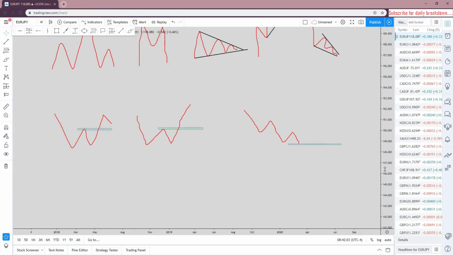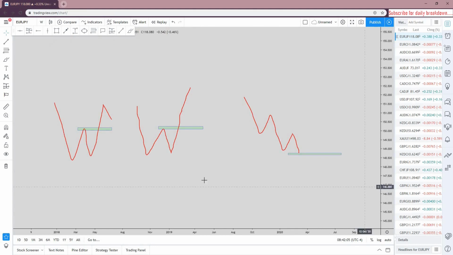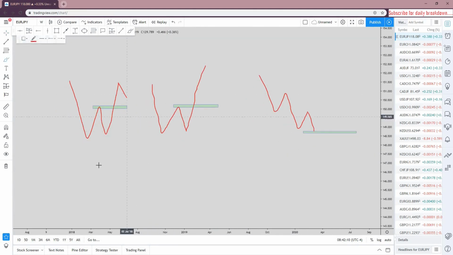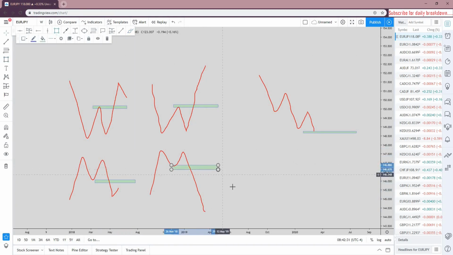Now let's continue with M formations. Now M formations is exactly the same concept, but it's all reversed. I will go through it very quickly. Here a regular W formation, this will be a regular M formation, and you're expecting again a push to the neckline from this area. Also for M formations, as for W formations, you can have an extended M formation, and again, overall, we want to see a push to the neckline, even if we know that we have some resistance around this area.